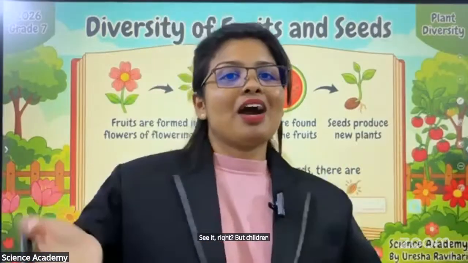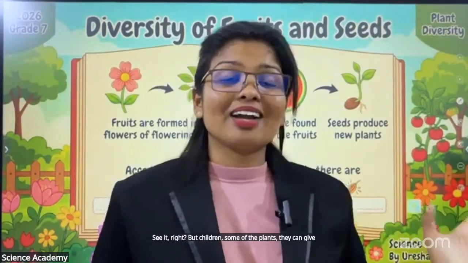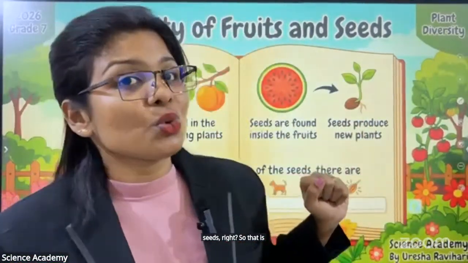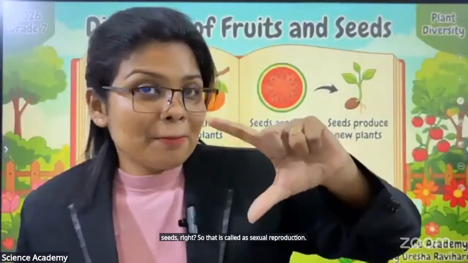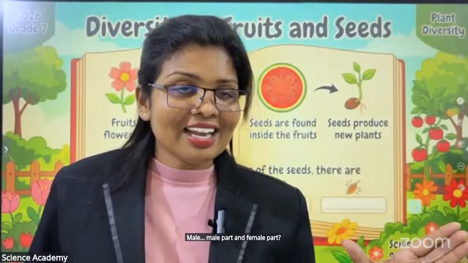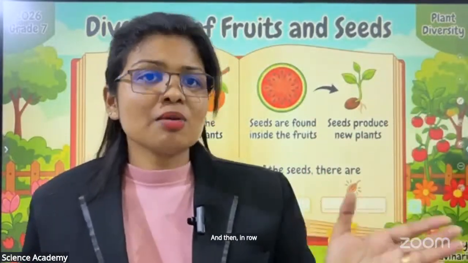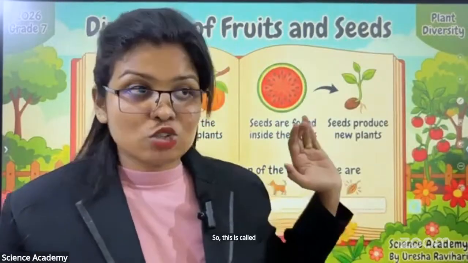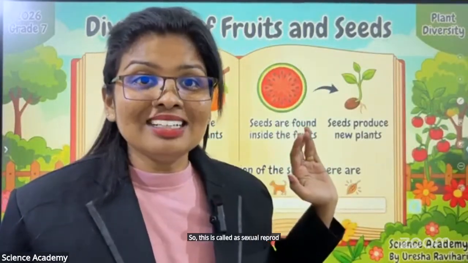But some plants can give a new plant through seeds. That is called sexual reproduction. The male part and female part, androecium and gynoecium, should work accordingly to form these seeds, children.